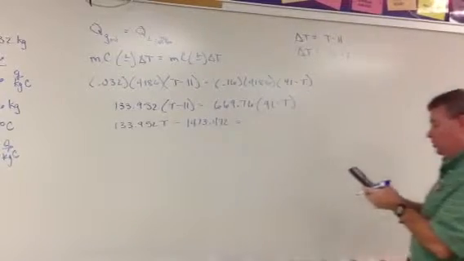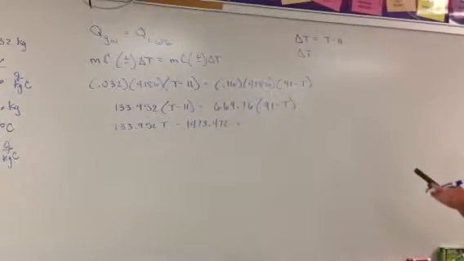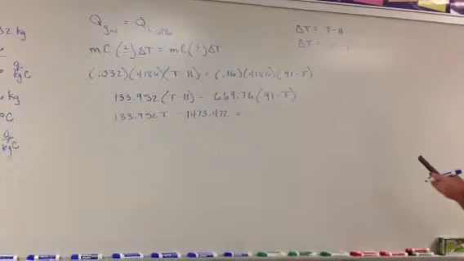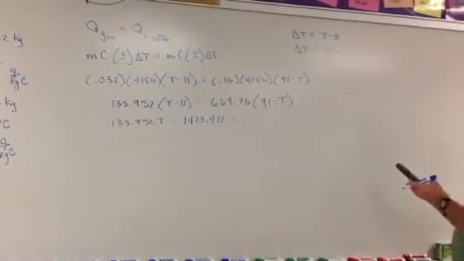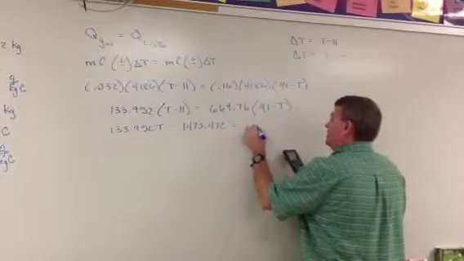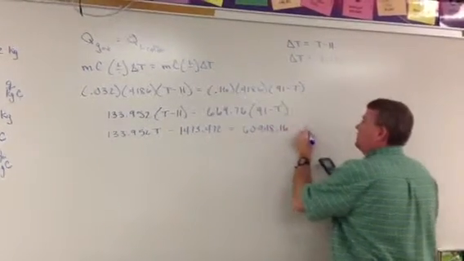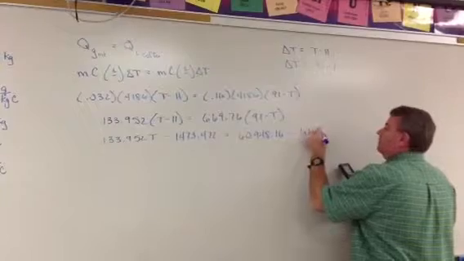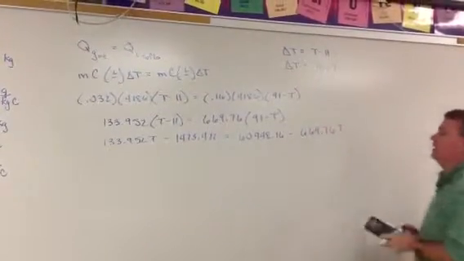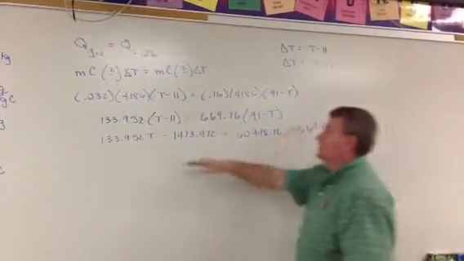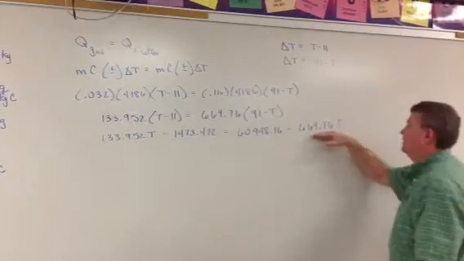That's going to be equal to 669.76 times 91, that's 60,948.16, minus 669.76 T.